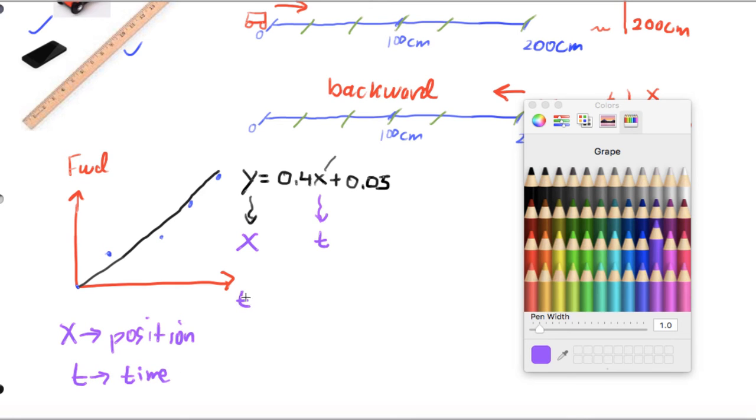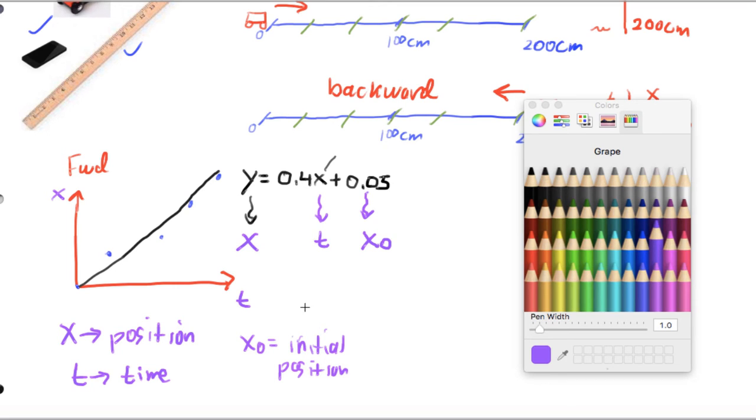So this is the time axis, this is the position axis. And this ideally should have been 0, but in real life it's where the buggy started, which is a position of 0. So we're going to call that x naught, the initial position.